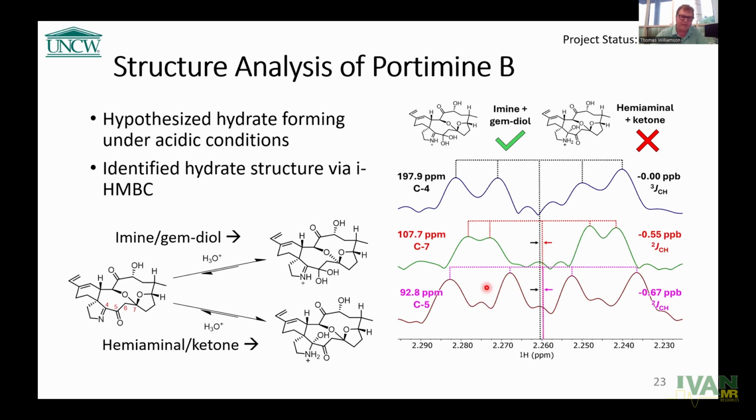And so we've got this tetrahydrofuran ring here in acidic media. And so if we thought about things that we could make when we do that, we could actually form this hydrate or this imine gem diol structure shown here up top, or we could form a hemiaminal ketone type structure as shown here.